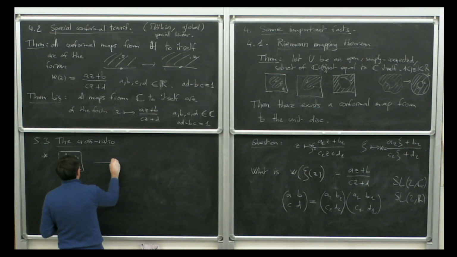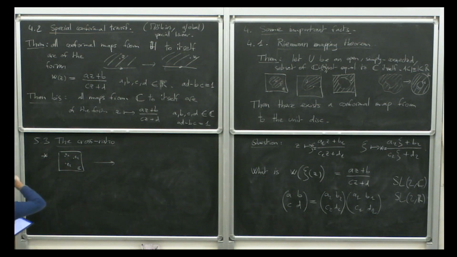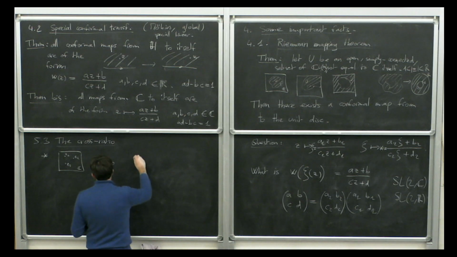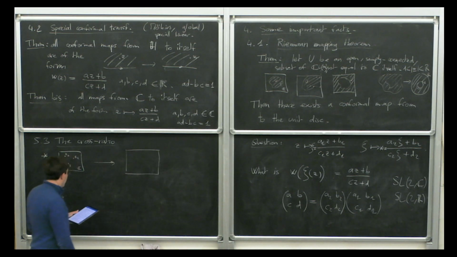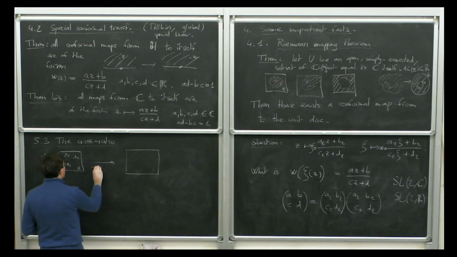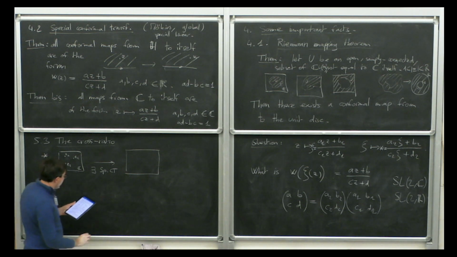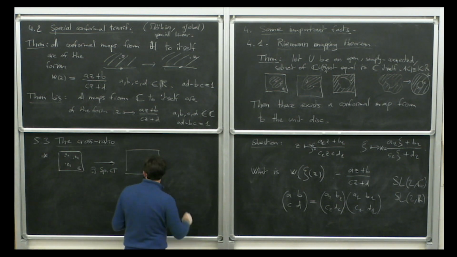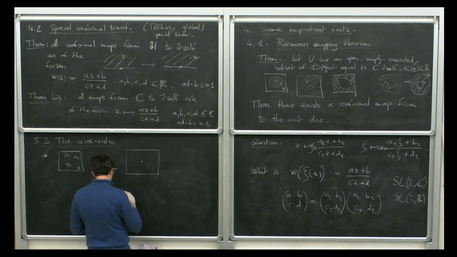Now, because we have this 3 complex parameter family of maps, we can always apply a global conformal transformation. So there always exists a special conformal transformation that maps, say, the point Z2 to the origin, so f of Z2 is 0.